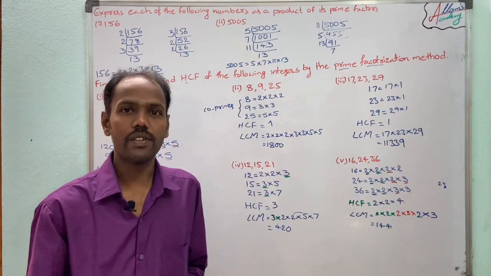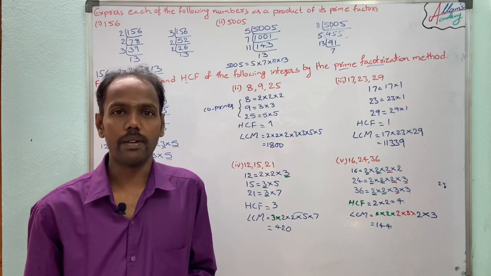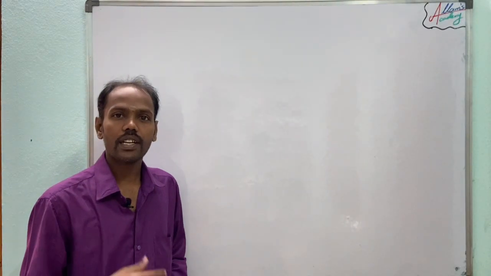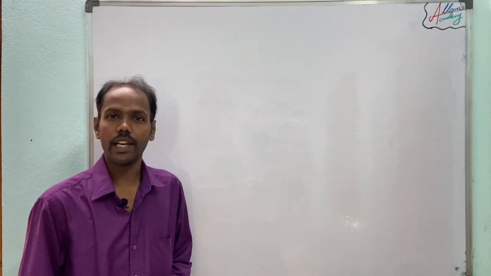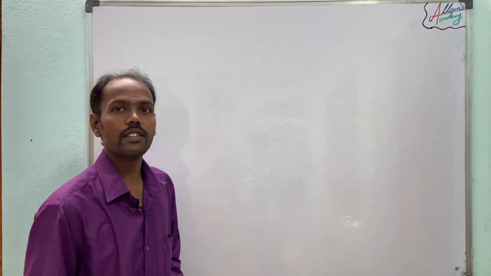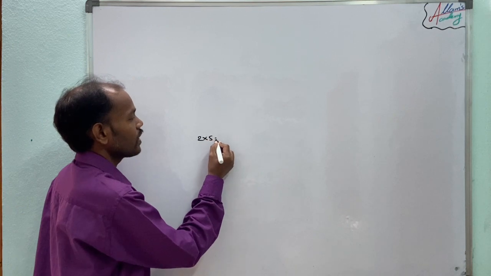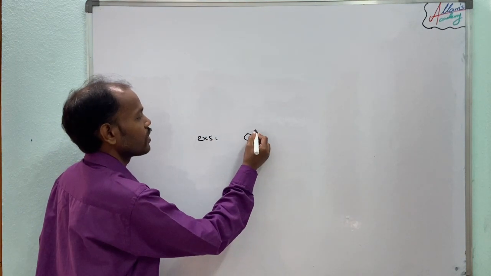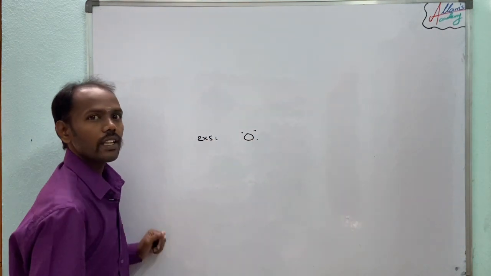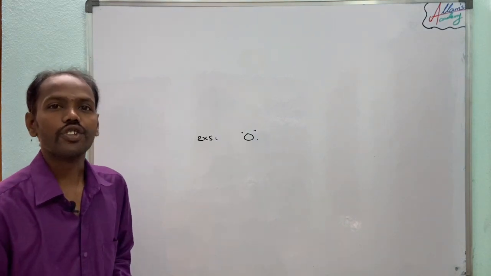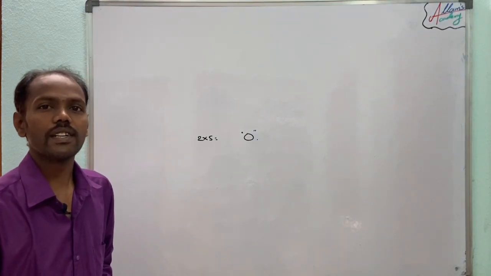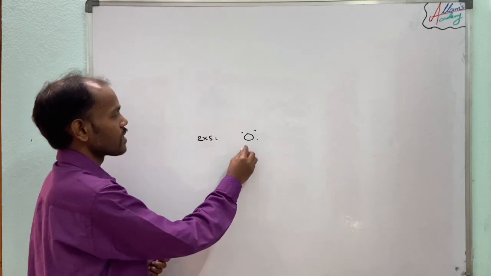Okay, now we see another problem. If the prime factorization of a number is expressed as a product containing 2 and 5, then the number ends with the digit 0. That means the units place, otherwise the ones place, is 0.